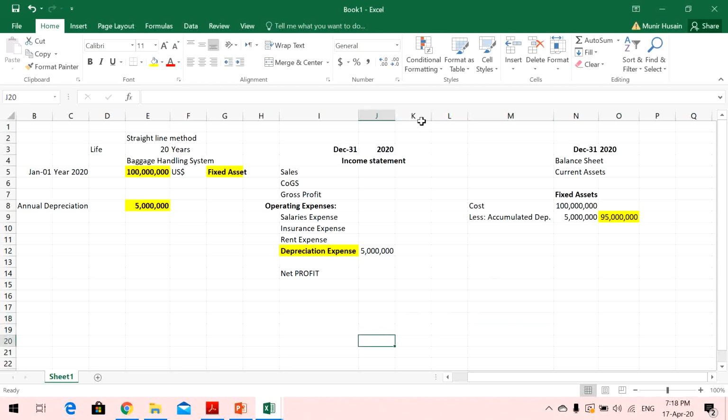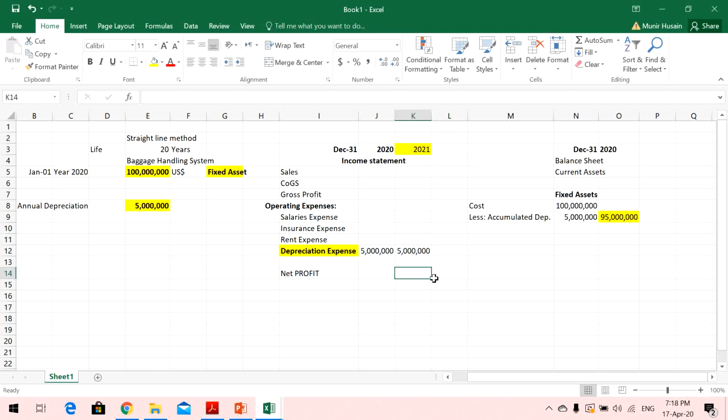This is very important. Now let's say we continue, and this is 2020, but if I have to do it for 2021, same thing on December 31 of that year, what will be my depreciation expense? It is the same, 5 million, because it's a fixed amount. Then you can calculate your profit, sales minus cost of goods sold, whatever, minus this one item.